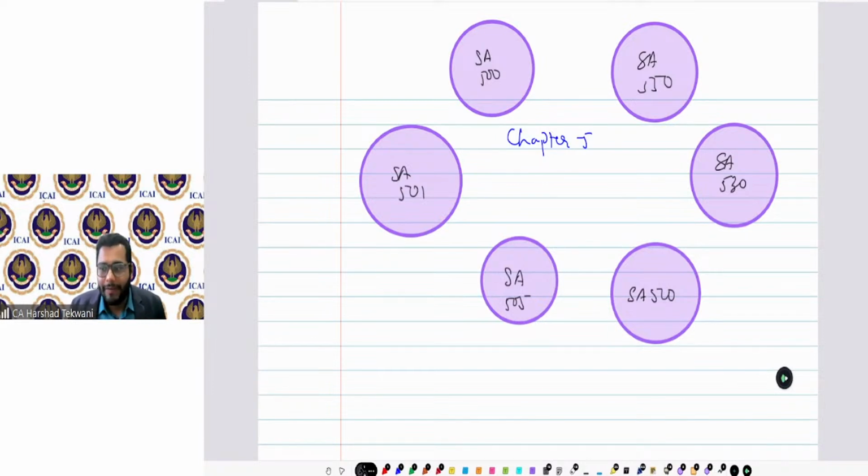The objective of the auditor is to design and perform audit procedures in such a way that the auditor is able to obtain sufficient and appropriate audit evidence to draw conclusions. That's the main objective of the auditor throughout the chapter, and on similar lines we have seen the objective of the auditor for all the related SAs and chapters that we discussed.